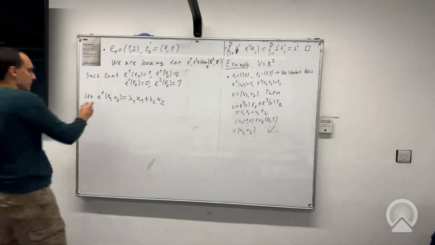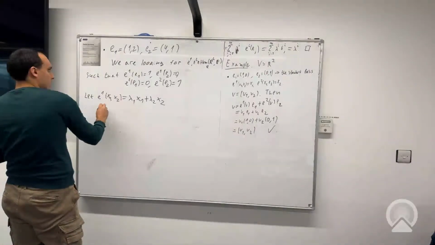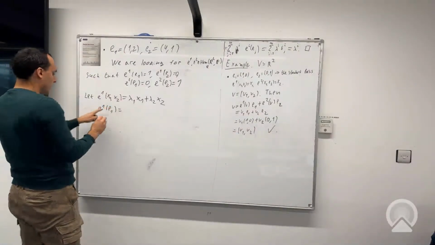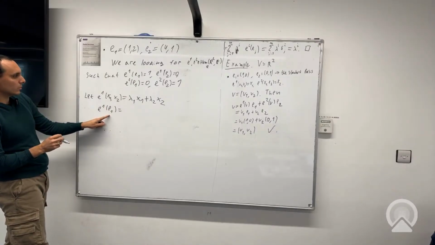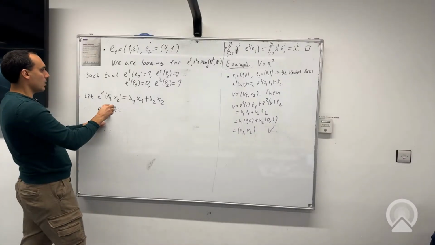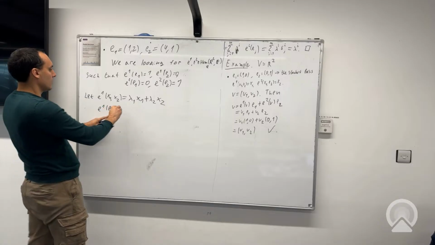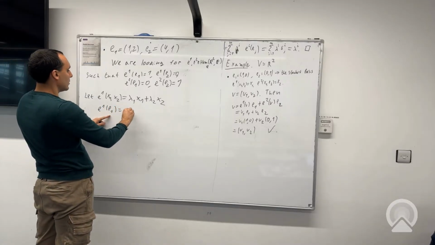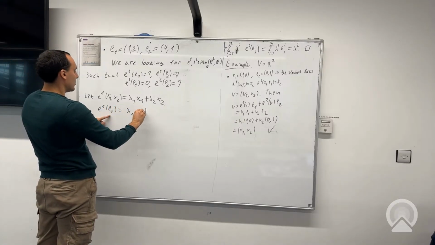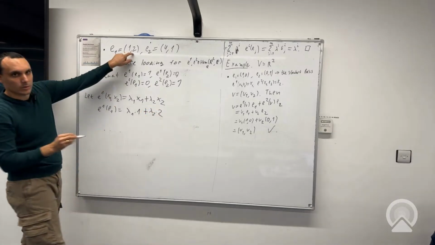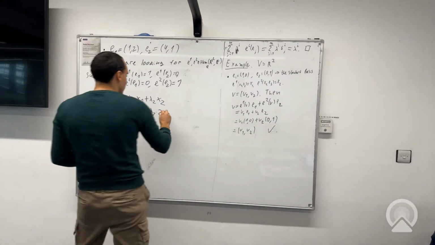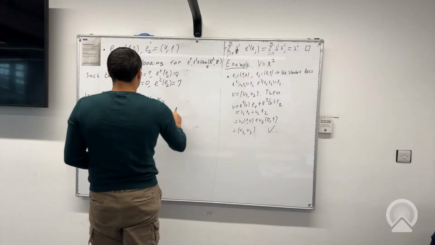So we have e^1(e1) equals lambda 1 times 1 plus lambda 2 times 2, because these are the coordinates. And this should be equal to 1.